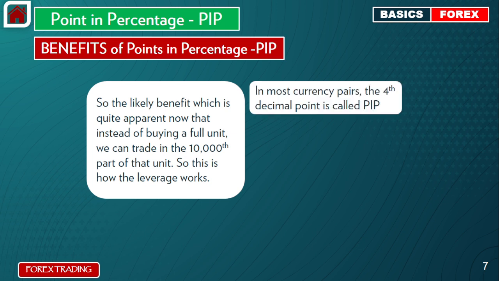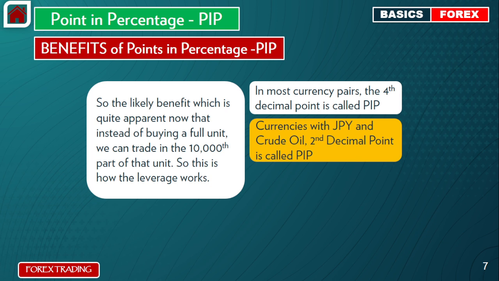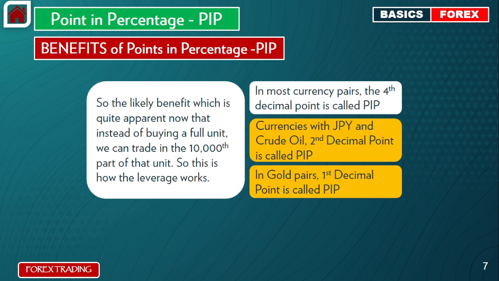In most currency pairs, the fourth decimal place is the PIP, as in our example, but it's not always the case. It may be different in different currency pairs. For example, for currency pairs with JPY and for crude oil, the second decimal place is the PIP. In gold pairs, the first decimal place is the PIP.